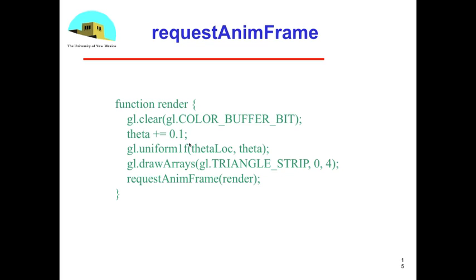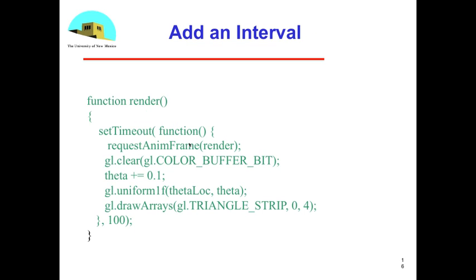If you want to now combine those two techniques, you can make the display go faster or slower, and we'll see how we do that more in the next lecture. But you can put an interval timer inside to, at least for now, let's say slow it down. So we can put an interval timer in here and say, okay, what I want you to do is wait 100 milliseconds before you do this.